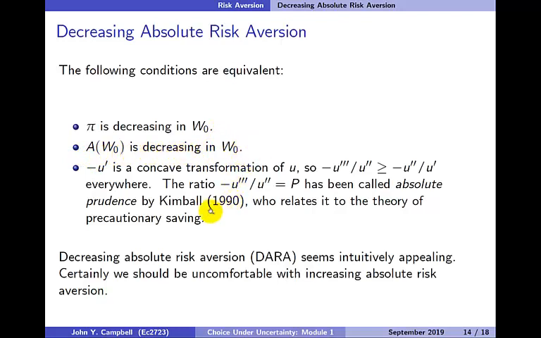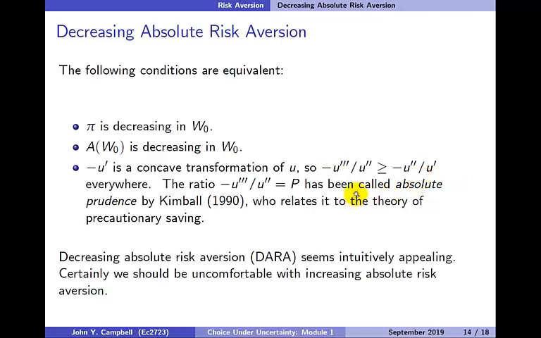One can show, this goes back to Miles Kimball in 1990, that these conditions are equivalent to saying that the negative first derivative of utility is a concave transformation of the first derivative, so that the negative ratio of third to second derivative is always bigger than the negative ratio of second to first derivative. This third to second derivative ratio is called absolute prudence by Kimball, and so decreasing absolute risk aversion says that absolute prudence exceeds absolute risk aversion everywhere.